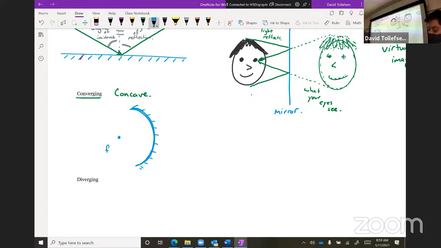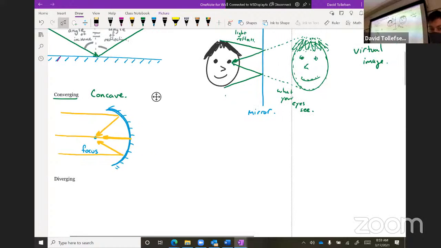And there's a focus point of the mirror so that all the light that comes in reflects to that focus point. Or all the light that goes out bounces away from the focus point, right? So it focuses it all together.